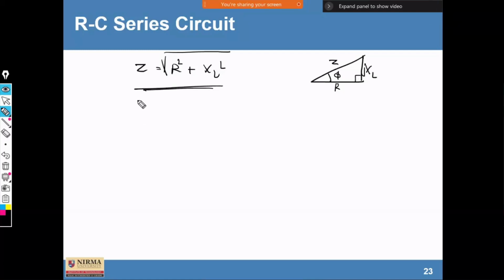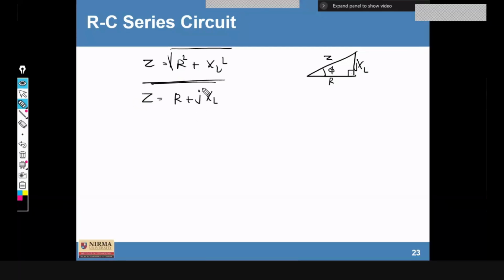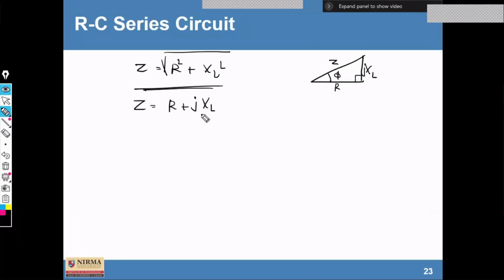Similarly, we can write the various forms of this expression: Z is equal to R plus jXL, where j is the component, we can say it is under root -1, and that represents that the XL vector is at 90 degree with respect to this R. So we can represent Z is equal to R plus jXL. j is an operator which has a value of under root -1, which you already studied before. So we will not discuss much more about the operator j. But this operator j represents that the reactive quantity is at 90 degree with respect to R.